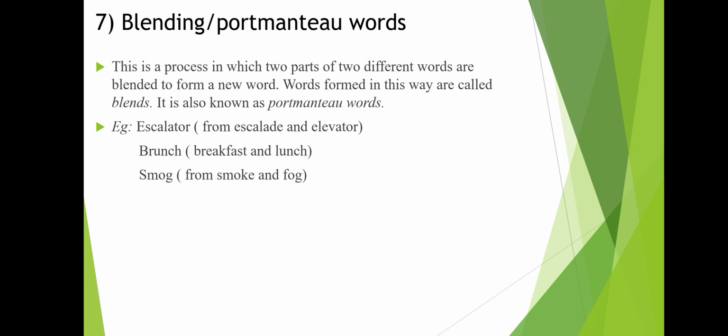So that is explained here. For example, escalator. How is the word escalator formed? By blending the words escalate and elevator. Escalate plus elevator, thus the word escalator is formed. Then we use the word brunch. It is the blending of different parts of two different words, that is breakfast plus lunch, brunch.